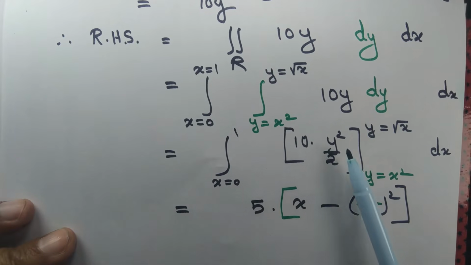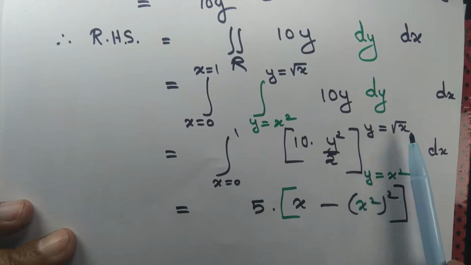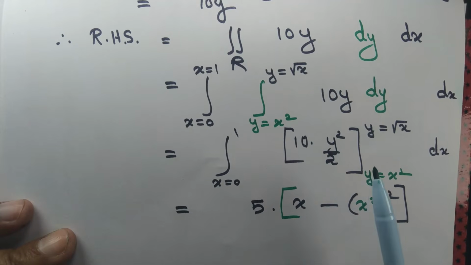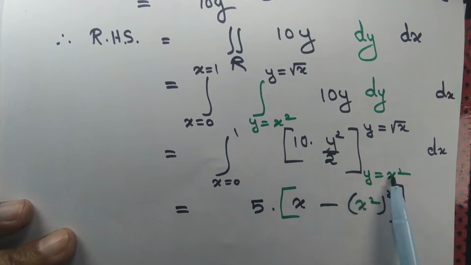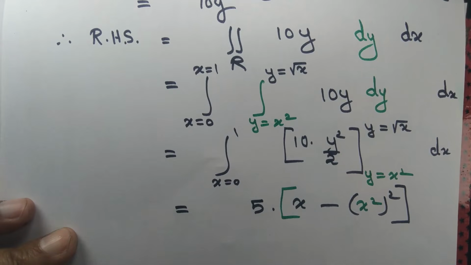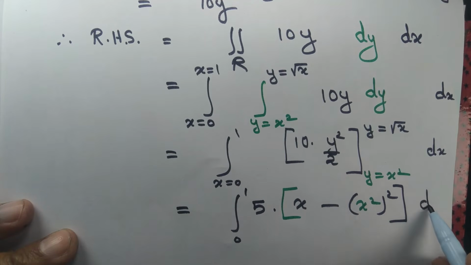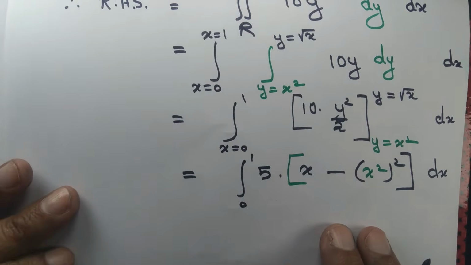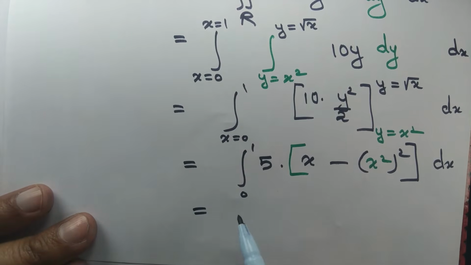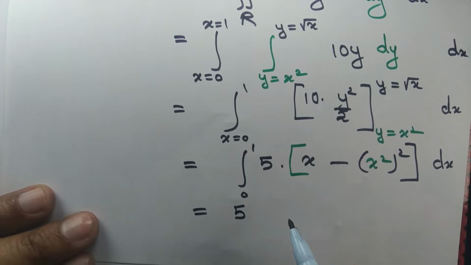So upper limit y equal to root x, so y square will be x. Lower limit y equal to x square, y square as it is. Your x is changing from 0 to 1, dx. 5 we can take out of integration.